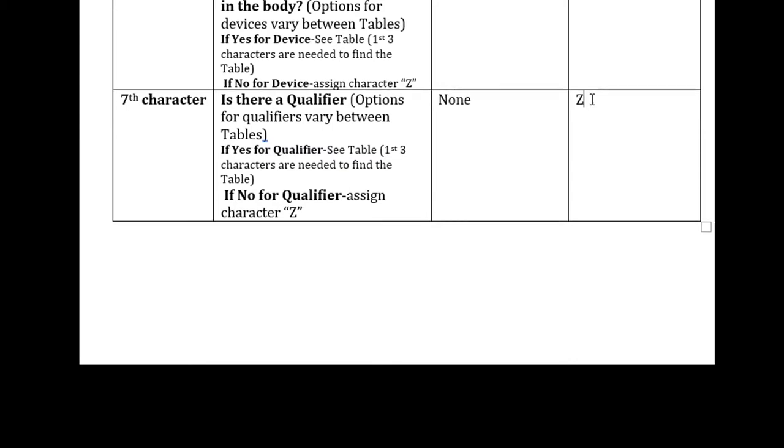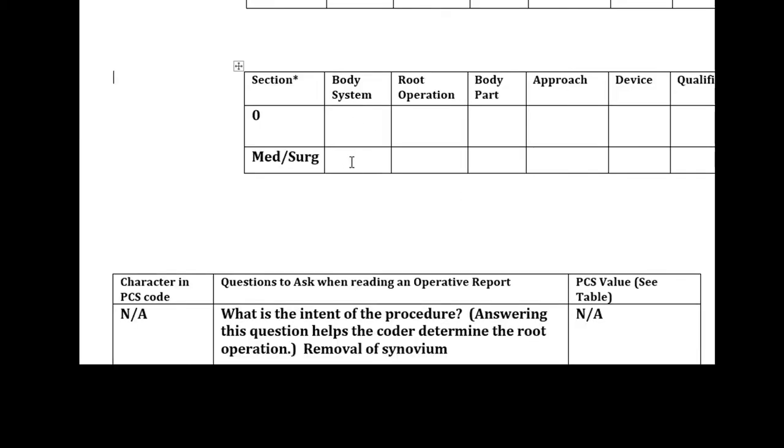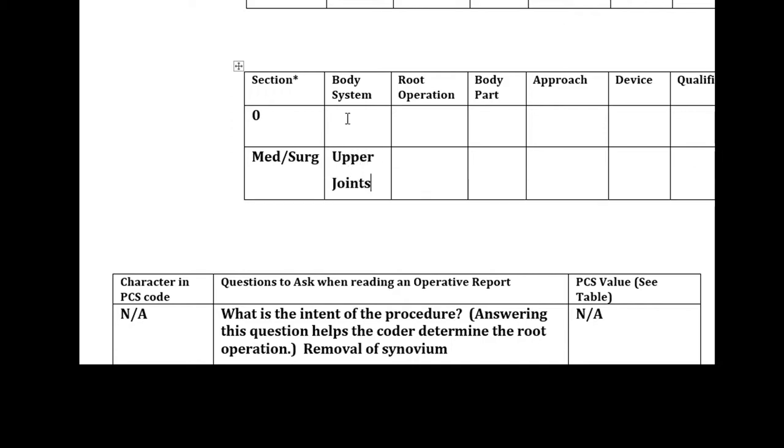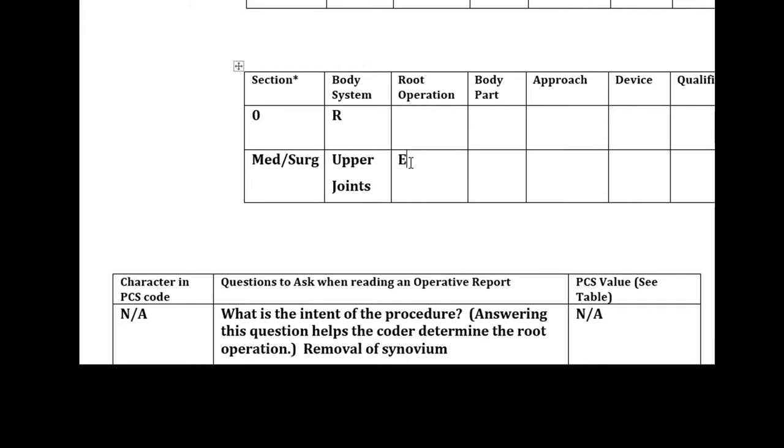No qualifier. Okay. To review, our body system is upper joints, which is an R. Root operation is excision, B. Body part, the carpal joint, R. Approach is open.